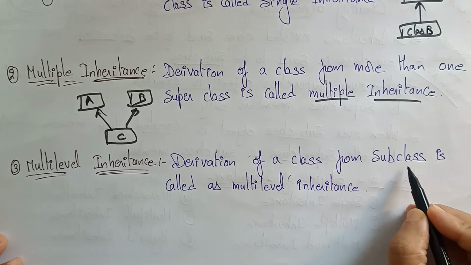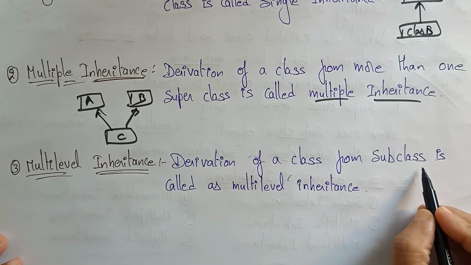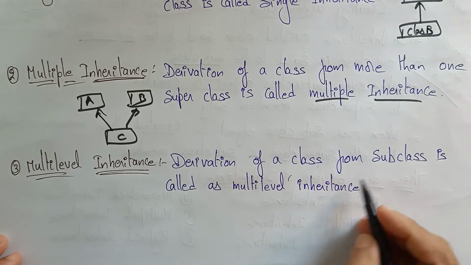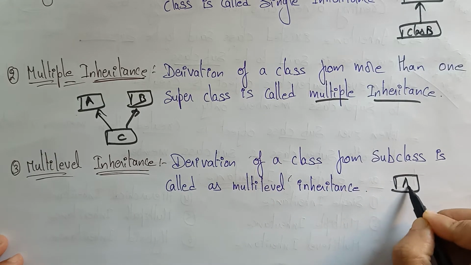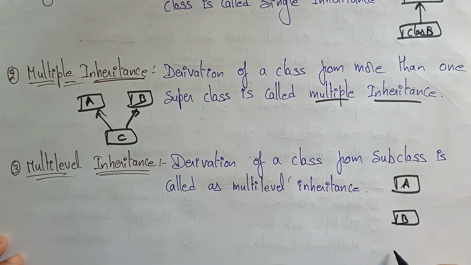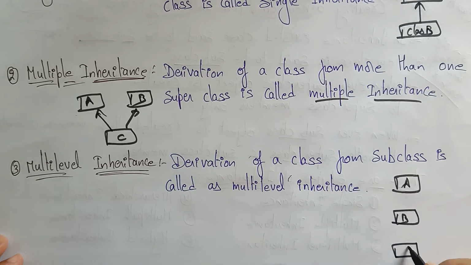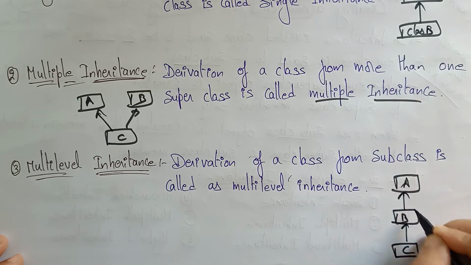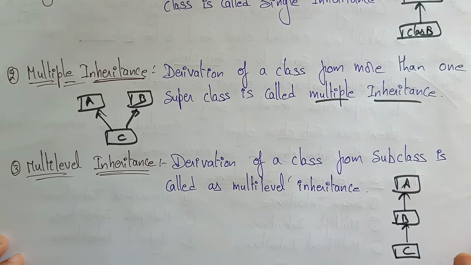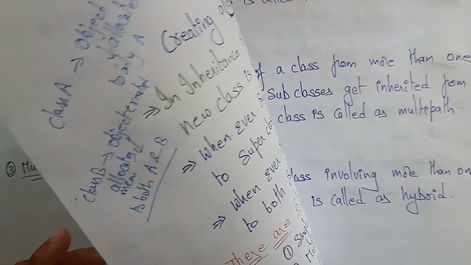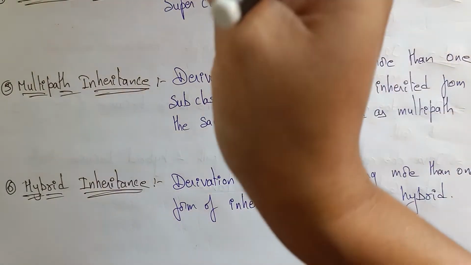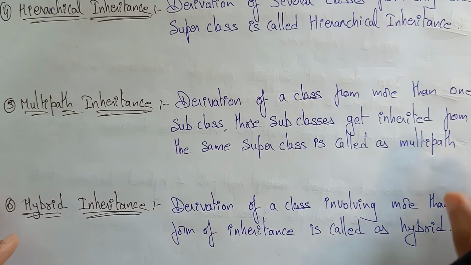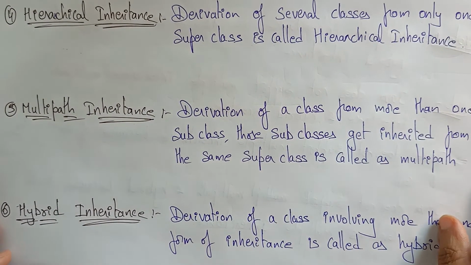Next is multi-level inheritance. Derivation of a class from a subclass is called multi-level. This is a superclass, this is a subclass, and this is another class derived from the subclass. You call this multi-level inheritance. Then what about hierarchical inheritance?